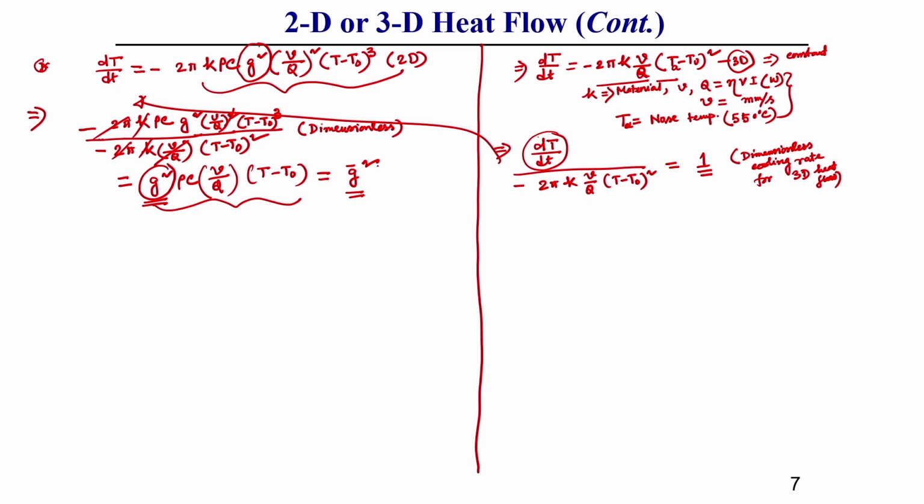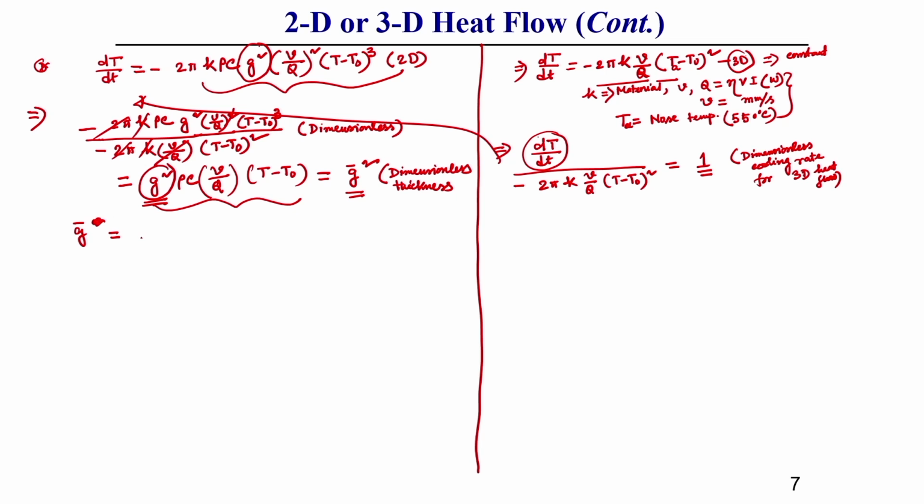That is why we are representing this left side term as G bar square. This is called dimensionless thickness, you should keep this in mind. This dimensionless thickness G bar square is what we get in the 2-dimensional case.